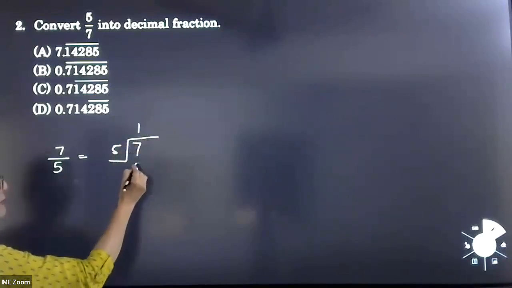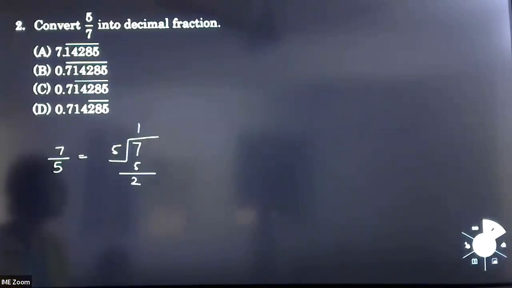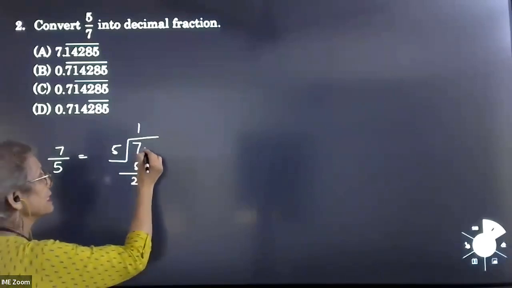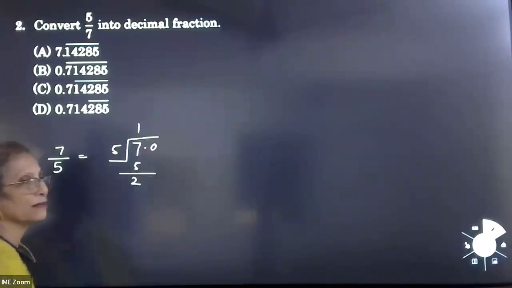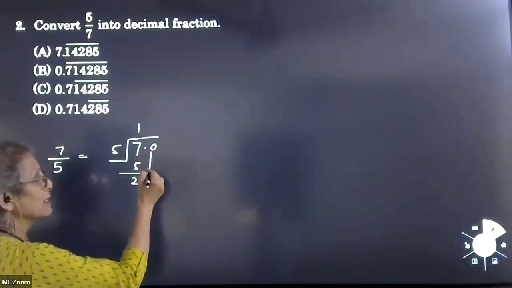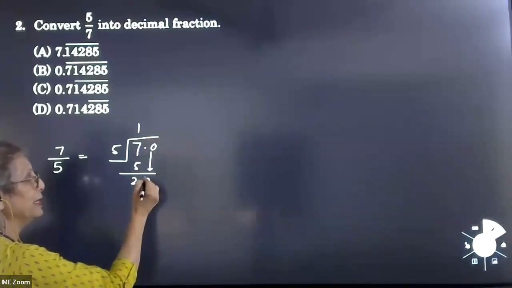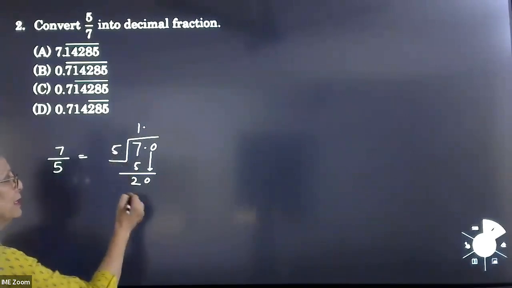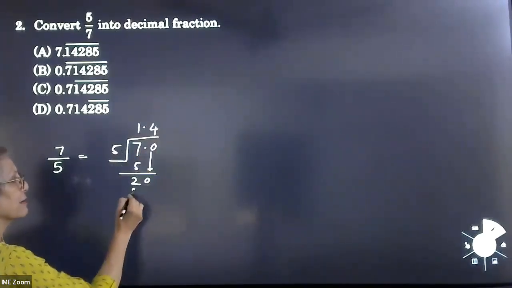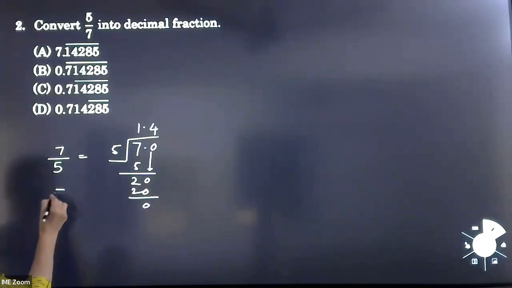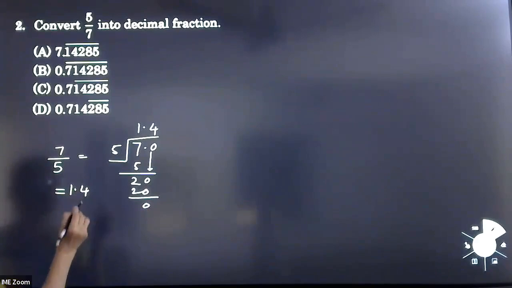So 5 ones are 5. 2 is remaining, right? Now what to do? Put decimal point and add 0. Here, now I am bringing down this 0, which is after the decimal point. So here also I will put decimal point. And now it is simple. 5 4s are 20. And the remainder is 0. So the answer is 1.4.